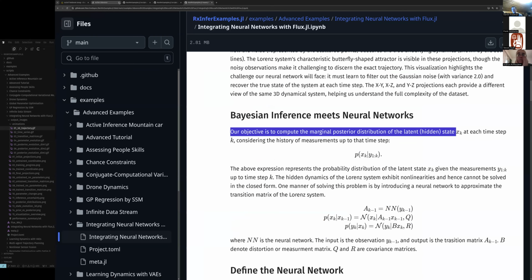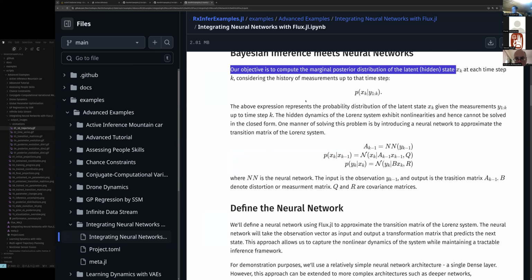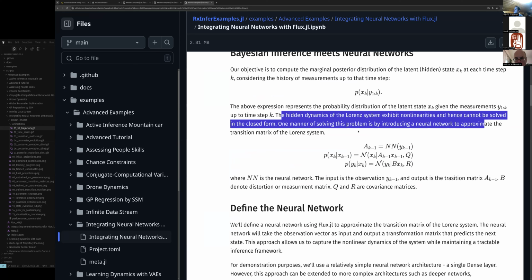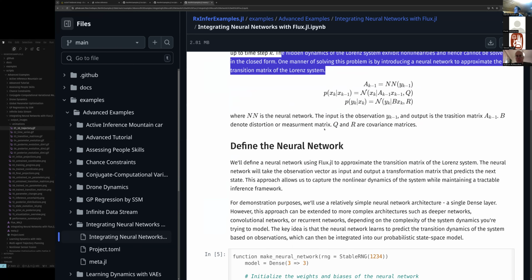You'd have neuroimaging data as your observables and you have underlying neural activity as latent states. Okay. However, the hidden dynamics of the Lorenz system exhibit nonlinearities and cannot be solved in a closed form. One manner of solving the problem is introducing a neural network to approximate the transition matrix of the Lorenz system.